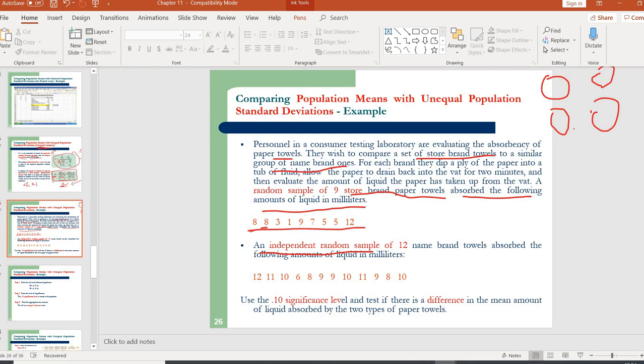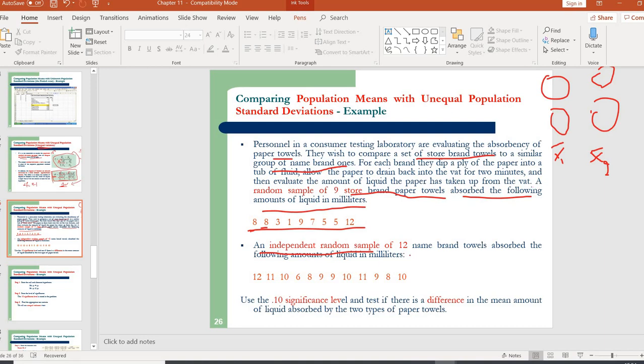But in this case, we are not assuming that these 2 samples have equal variances or equal standard deviations. No, we are assuming that the variances of these 2 means are unequal.